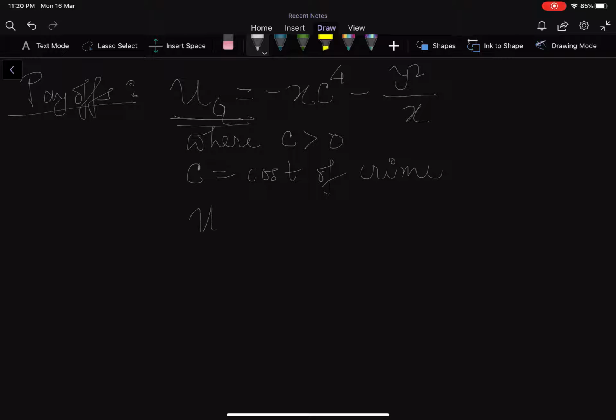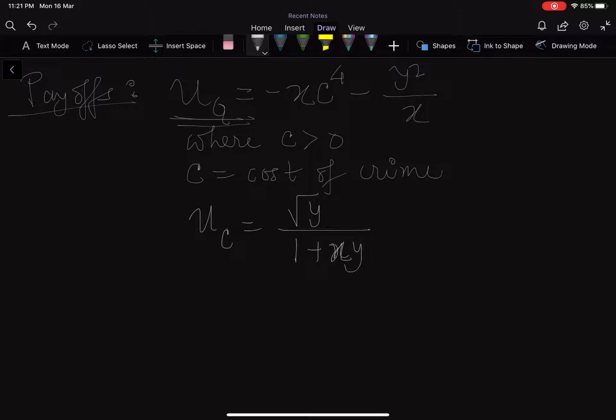What is the payoff of the criminal? The payoff of the criminal is given by root y divided by 1 plus xy. Again, you see the payoff of the criminal depends not just on the strategy of the criminal y, but also on the law enforcement strategy of the government x.